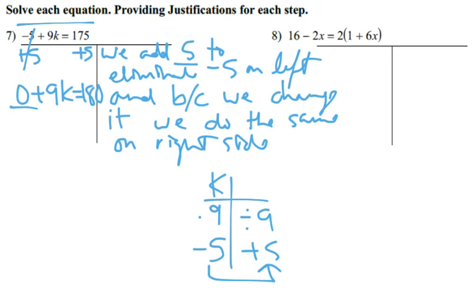Now, this adding 0 does nothing, so we can get rid of it. Okay, so we'd end up with 9k equals 180.